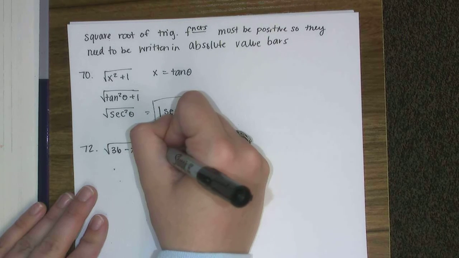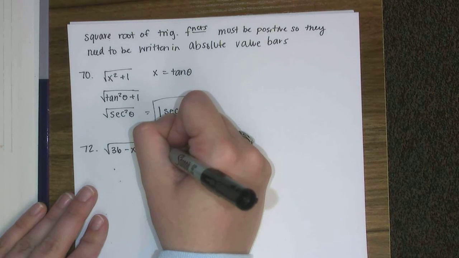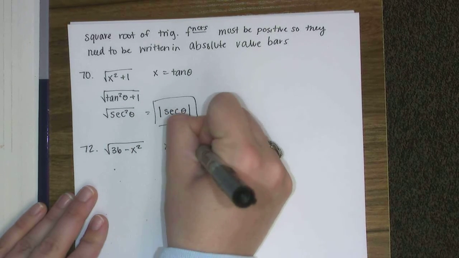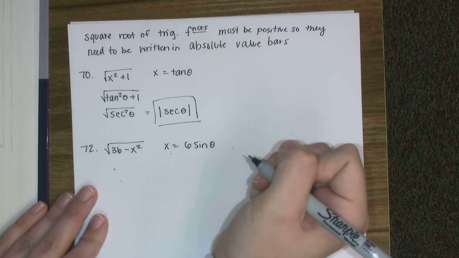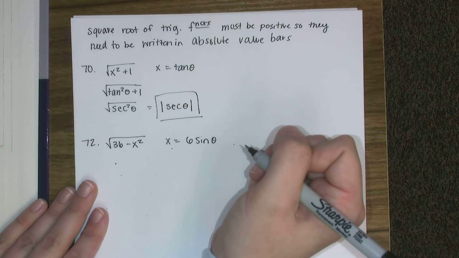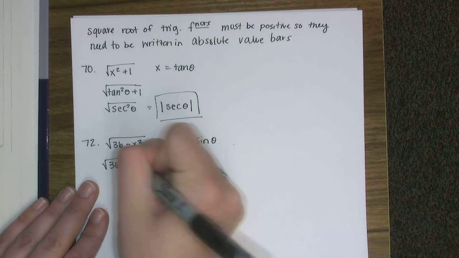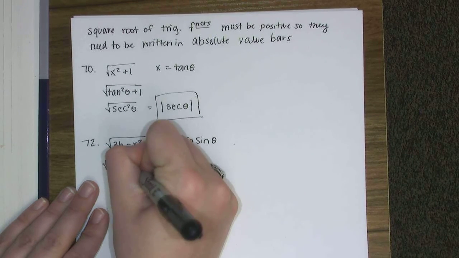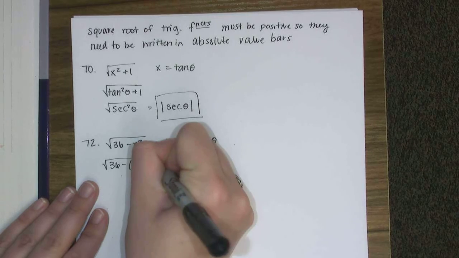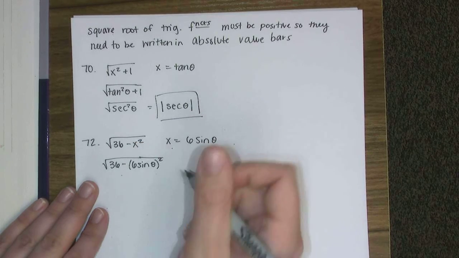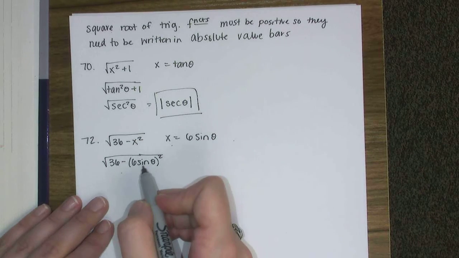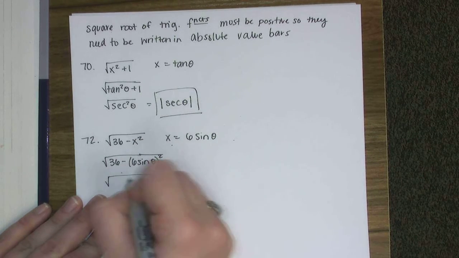So square root of 36 minus, now this is in parentheses, 6 sine of theta, and all of that is squared. So I'm going to go ahead and square everything here. So this is the square root of 36 minus 36 sine squared of theta. I'm going to go ahead and pull this 36 out. So it's going to be the square root of 36 times 1 minus sine squared of theta.